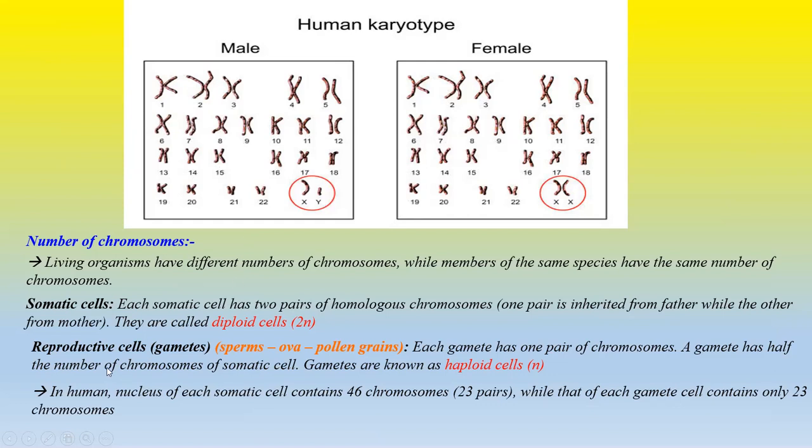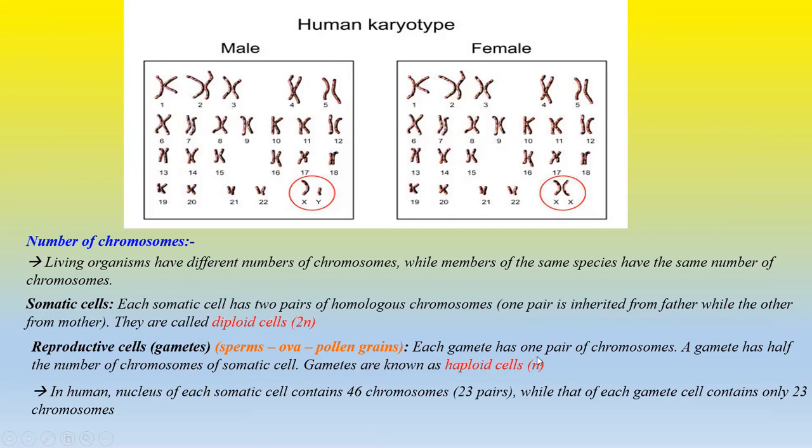While the reproductive cells, which are the gametes, or reproductive cells, are the sperms in the man and the ova in the females, and pollen grains and ovules in the plants. Pollen grains refer to the male reproductive organs in the plants, while ovules are the female reproductive organs of the plants.